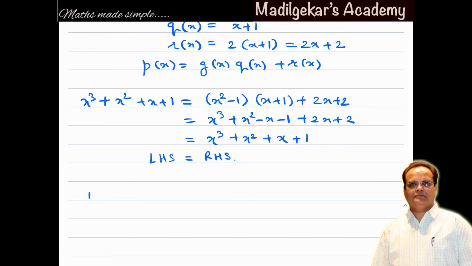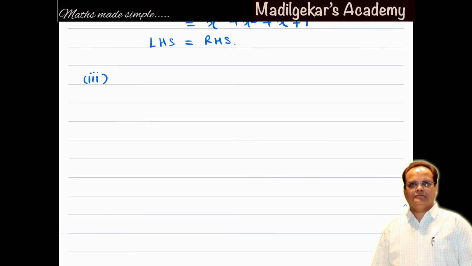Now come to third bit. Here the condition is that degree of r of x must be 0. Degree of r of x must be 0 means r of x must be a constant term.